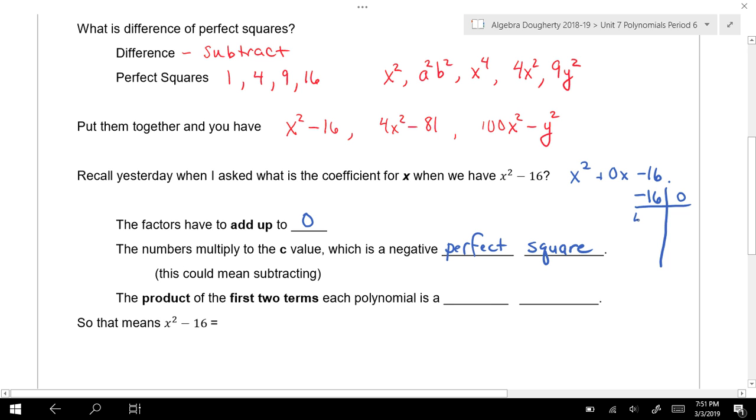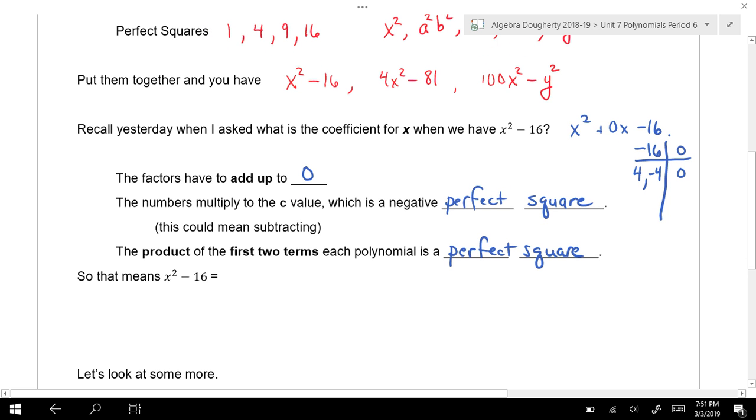But you're going to have a plus 4 and a negative 4, which add up to 0. That's kind of nice. The product of the first two terms of each polynomial is also a perfect square.